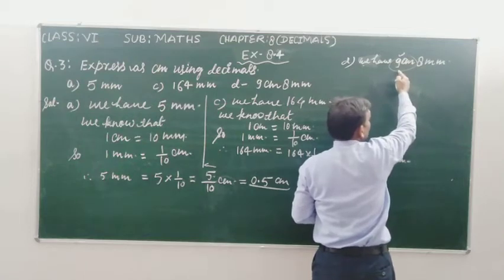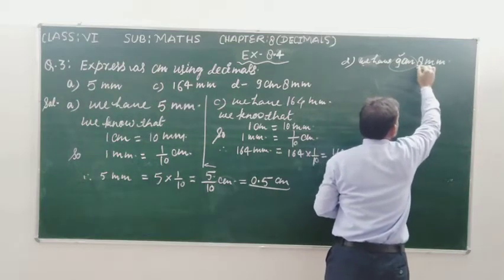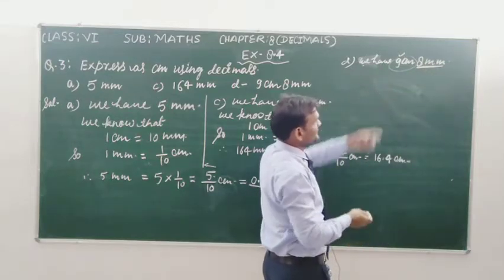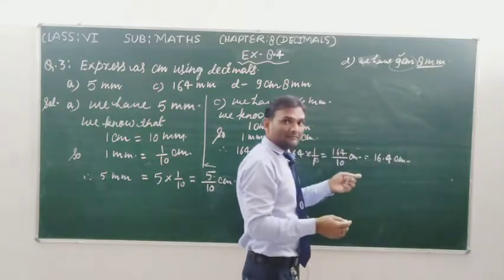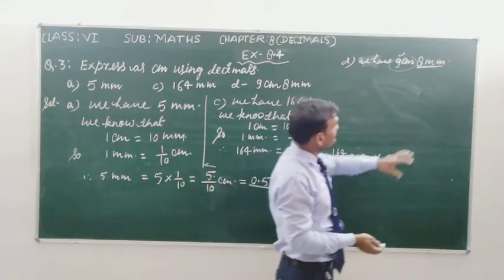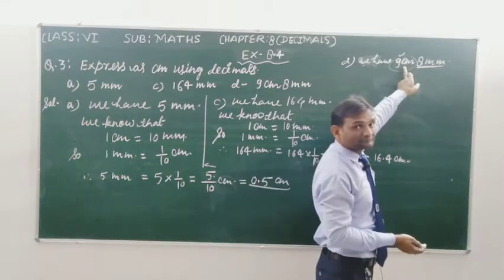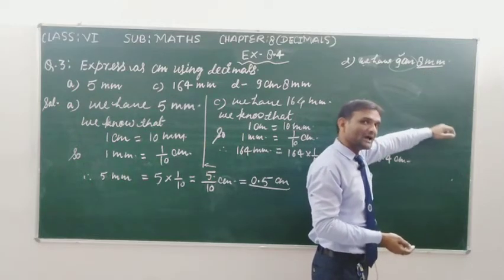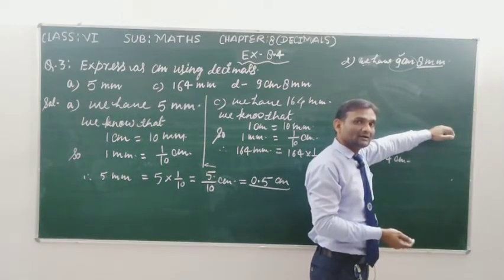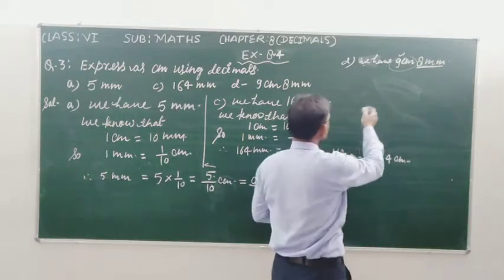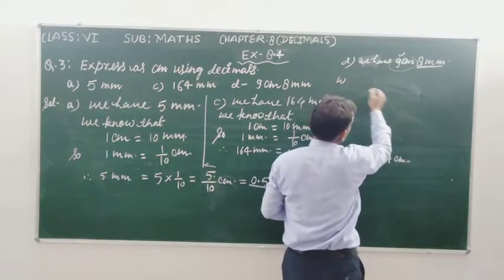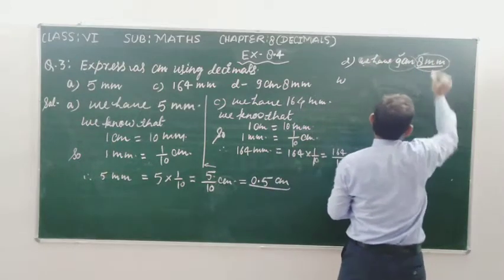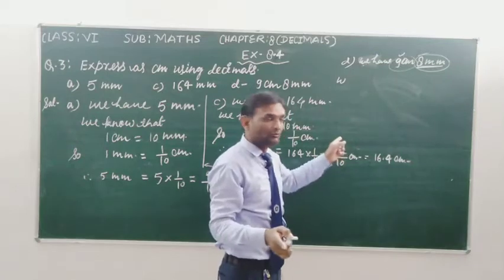We change only 8 millimeter in centimeter, and in the last step we add this value and the value which we get after changing the 8 millimeter in centimeter, and we get the answer. So you are clear here that you need to change only 8 millimeter in centimeter.